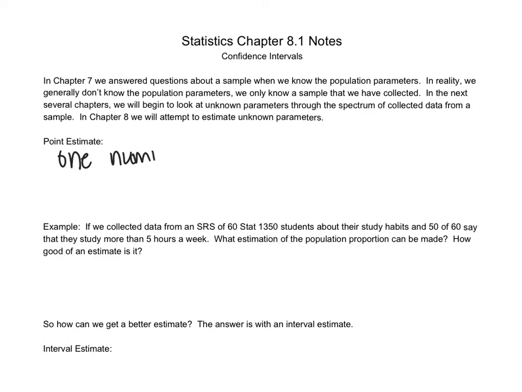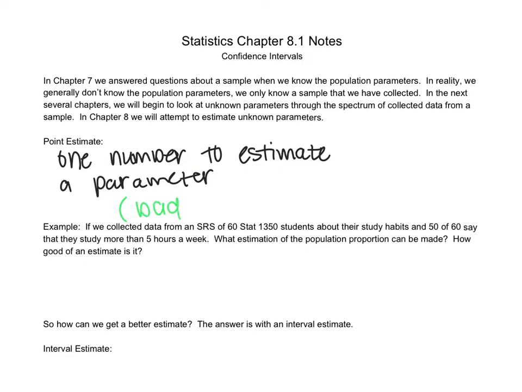number to estimate a parameter, which, as we discussed in chapter 7, is a bad idea because we talked about sampling distributions and we took many samples in order to show that our sample statistic or sample proportion could estimate the parameter.